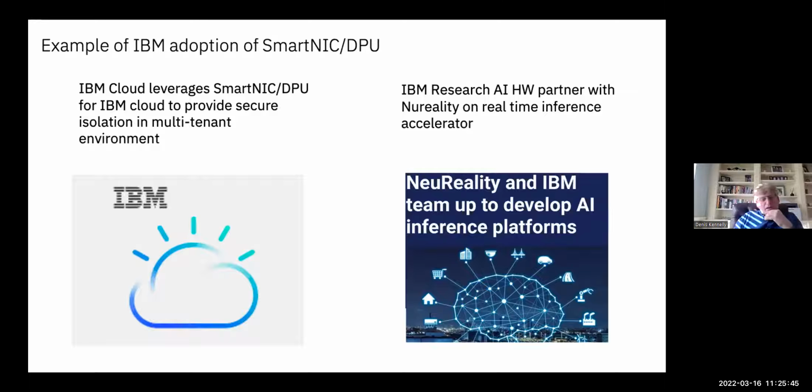I talked about that isolation between the infrastructure and the application in a multi-tenant environment, and that's a real example of that. Also, our AI team, and we have some research here as well in the AI world, we're using that with some third parties in terms of a data inferencing platform. So I don't know, Vincent, do you want to add to that or talk in a little more detail?